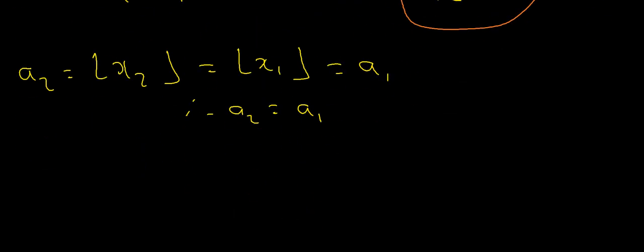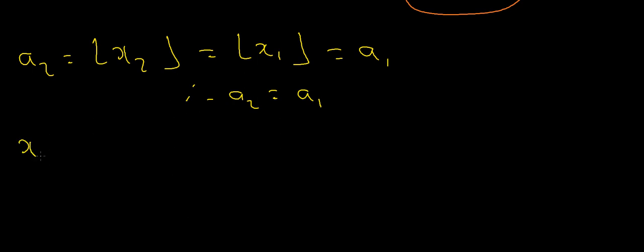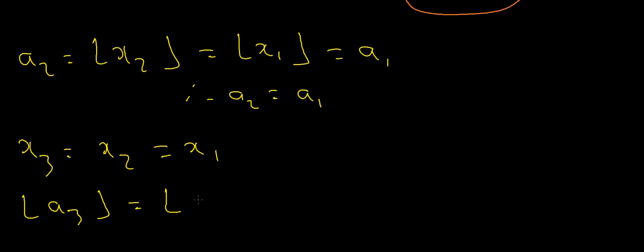So what happens if we then do the same thing with x3? Well, if I did the same thing with x3, I'm just going to get x2 again, and that's the same as x1. And so when I calculate a3, that's just going to be the floor of x3, which is x2, which is equal to x1, and so on and so forth. So what does that tell me?